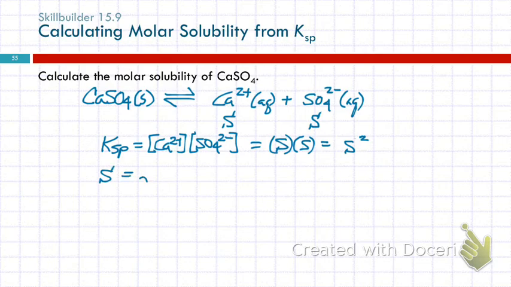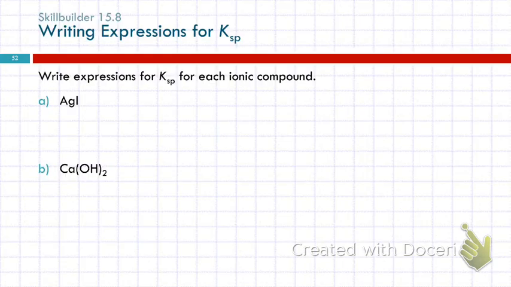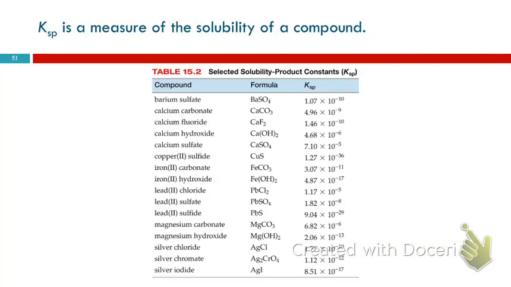S equals the square root of KSP. What's KSP? We have to look it up. On an exam, I'd give it to you, either in a table that you could refer to, or actually in the problem like that previous one. But homework, we make you look stuff up.